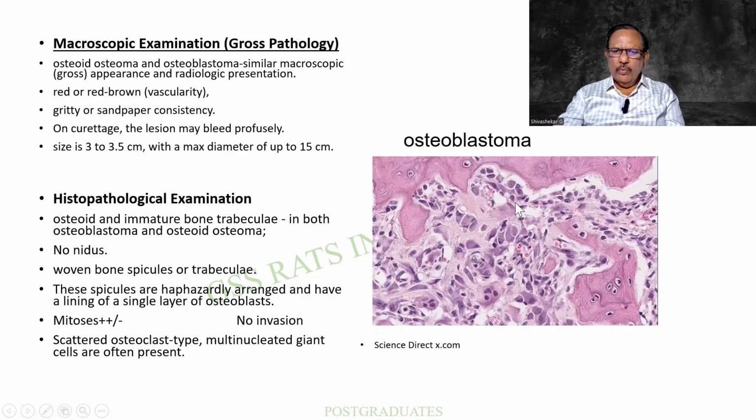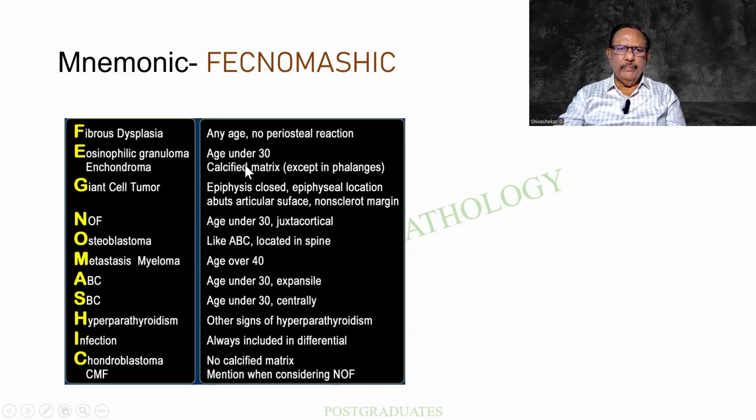But what is important will be a nidus which is hemorrhagic with some amount of necrosis, something like an abscess, which is highly painful. And the size can vary. Usually it is about 1 to 2 centimeters. Whereas in the others, there won't be a nidus that can be seen.